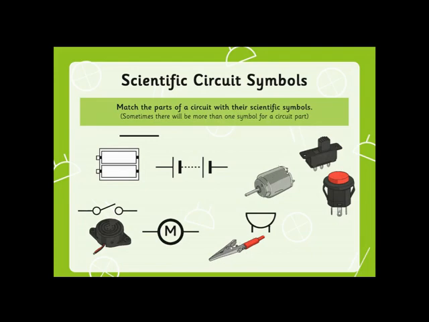This is the crocodile clip attached to the wire, so that's the wire. And then you've got the 2 types of switches that were in the previous slide. And also here, you've got 2 batteries, so you've got a battery here. So can you match the circuit parts to the symbols?